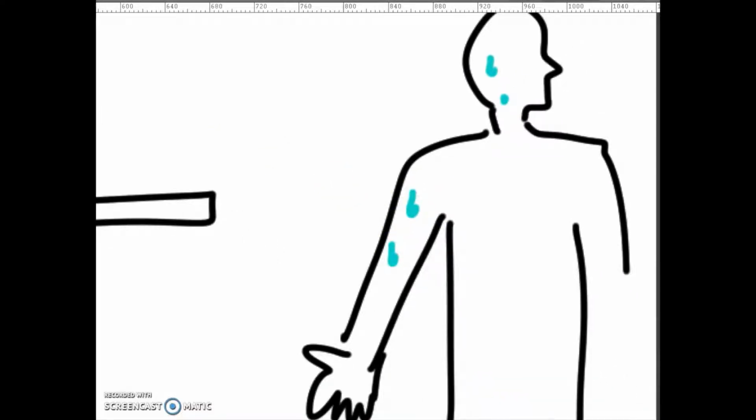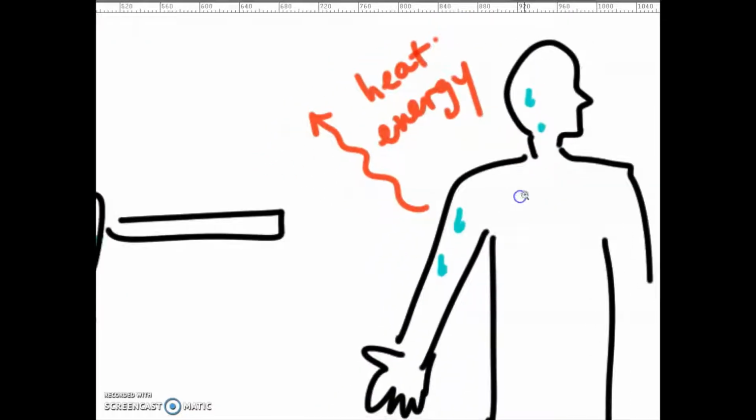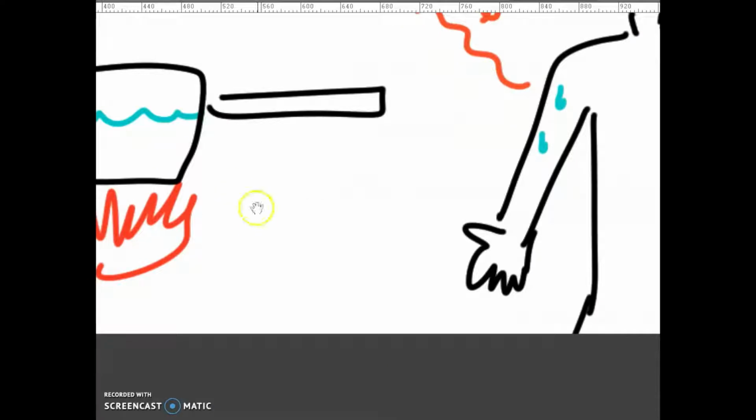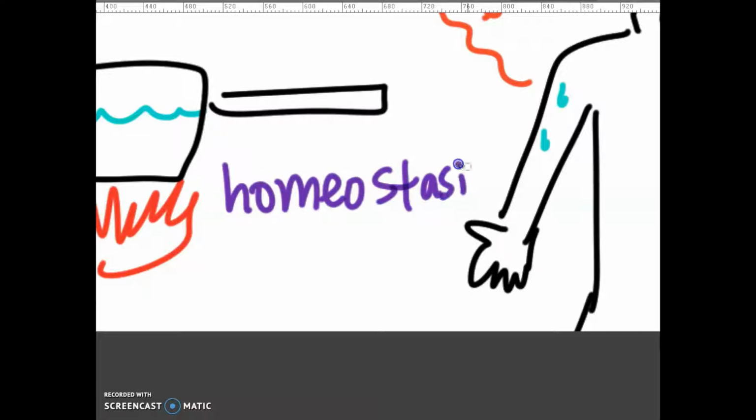This sweat allows us to release the energy from inside our body. This removes the energy, the heat energy, and keeps us cool. So because this happens, we can help maintain a very important vocabulary word called homeostasis, which is just the inside temperature.